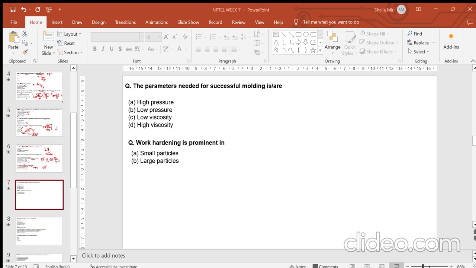So the next question is, during compaction, is the pressure at the top of the compact equal to the pressure at the bottom of the compact? We are trying to compact this material. There are two things: the pressure on the compact and the particle pressure just at the bottom of the compact. So is the pressure at the top, PT for example, and the pressure at the bottom, PB, the same, or not equal to each other, or the pressure distribution is unaffected during compaction?